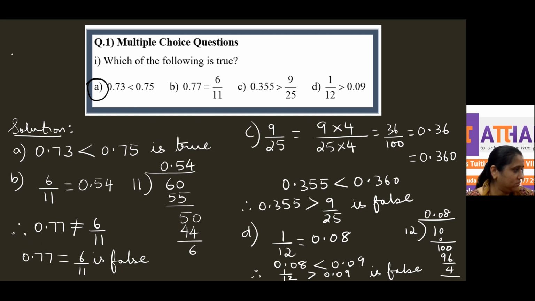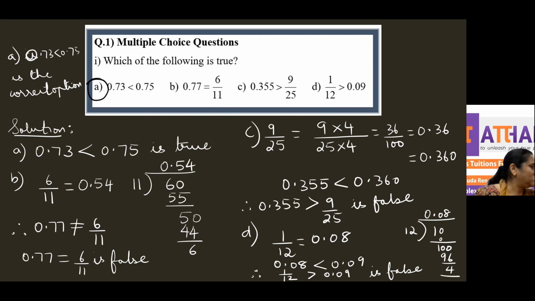You can write A, 0.73 less than 0.75 is the correct option. Go back there. All right.